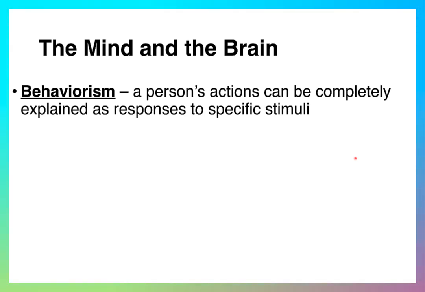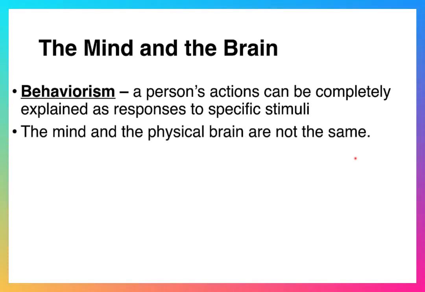If a person had problems, say, with anger, you could train them not to become angry when presented with stimuli that previously caused anger, etc. But what ended up happening was that it became clear that the physical brain and the physical brain's responses to stimuli were not the same as the mind. And a person's mind was completely separate from the physical brain. This is another way of saying that a person's soul is separate from their physical brain.